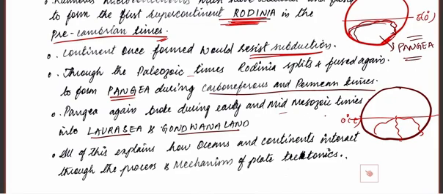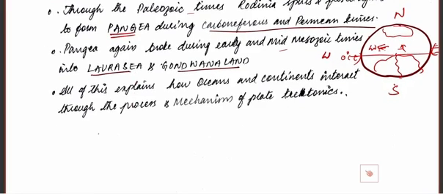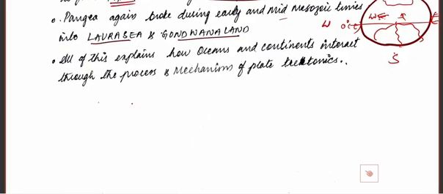If we consider this is the west and this is the north, this is south and this is east. So some parts started moving in the northern direction, and some parts started moving in the western direction. Due to this split of Laurasia and Gondwana, now we are experiencing the continents which we have on today's globe or today's Earth. We can see it in an atlas.